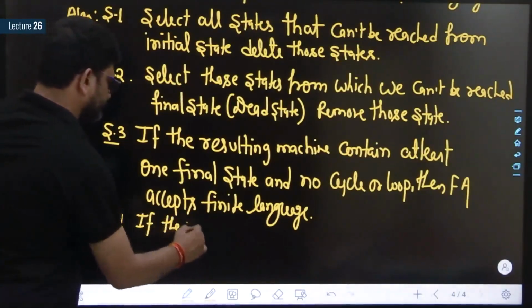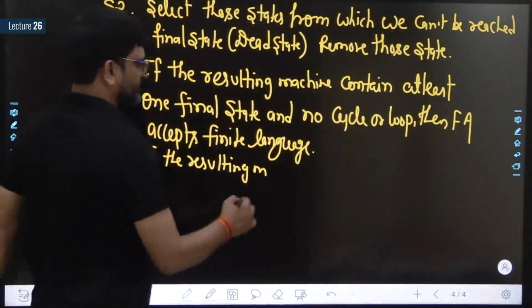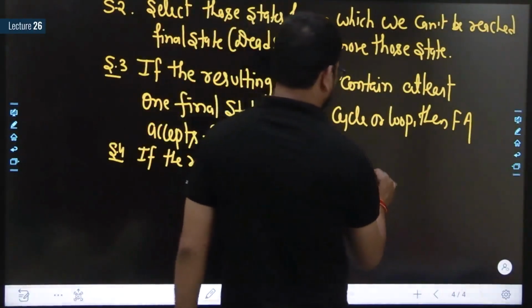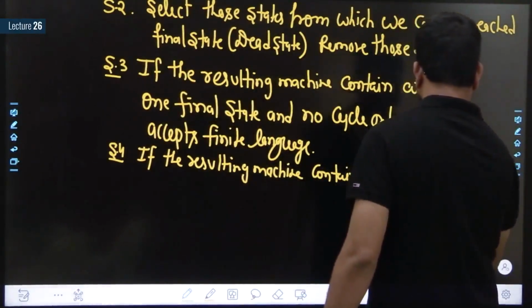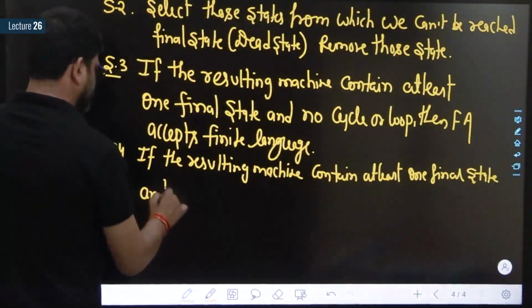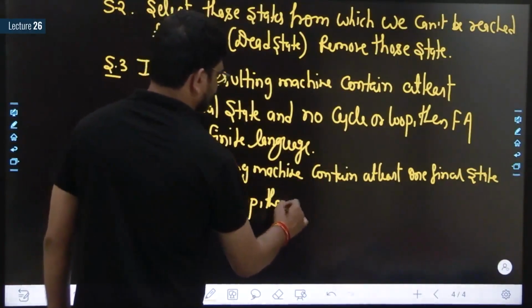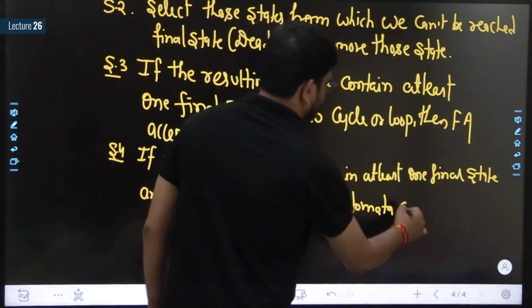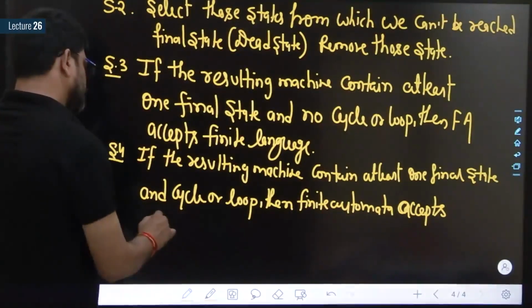If the resulting machine contains at least one final state and a cycle or loop, then the finite automata accepts infinite language.